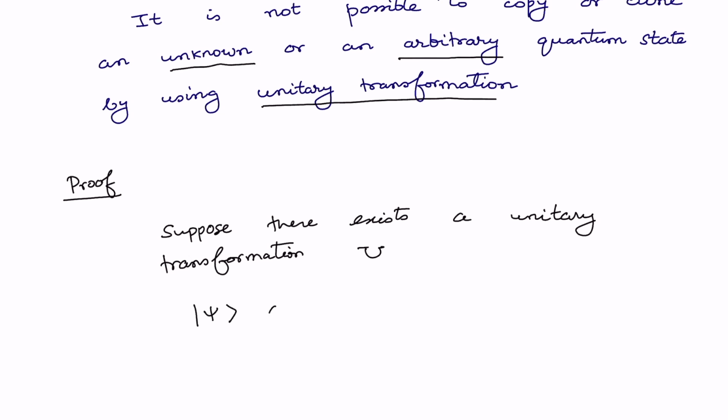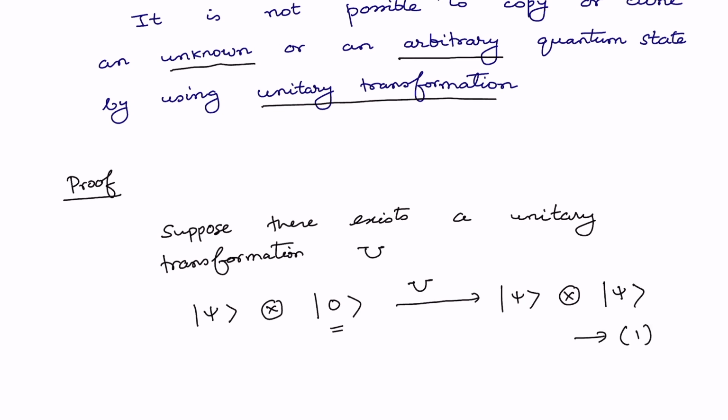By cloning or copying a quantum state, we mean that this state, say |ψ⟩, can be copied to the blank state |0⟩ because of this unitary operation, if it exists, and then we are going to have this. Okay, so let's say this is my equation 1.